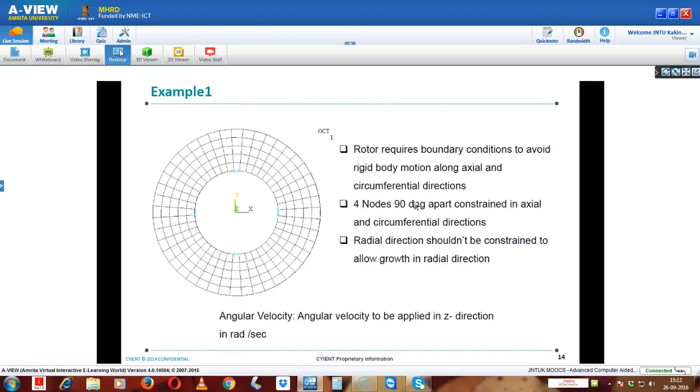Generally, any geometry should be free to expand, so if you constrain the radial direction, it will be over constrained.